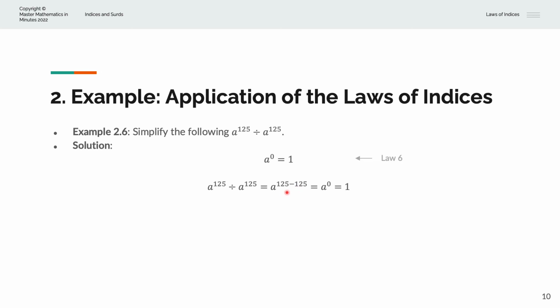So it's a to the power of 125 minus 125. And that gives us a to the power of 0. And applying the sixth law, that equals 1. Alternatively, we could rewrite a to the power of 125 divided by a to the power of 125 as a to the 125 divided by itself. And that gives us 1.